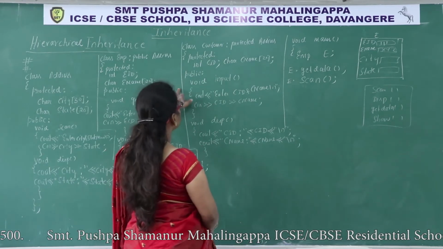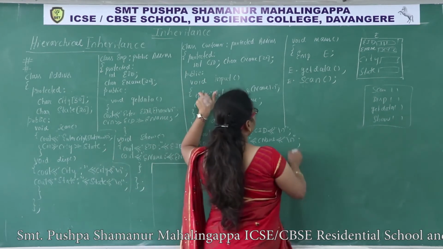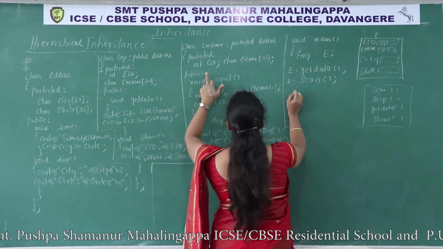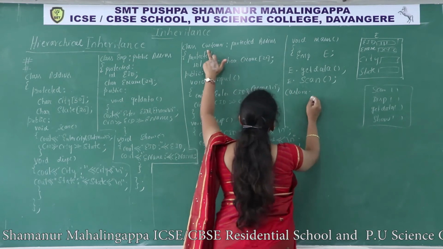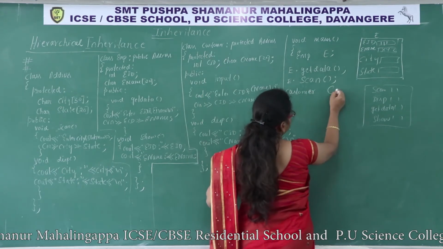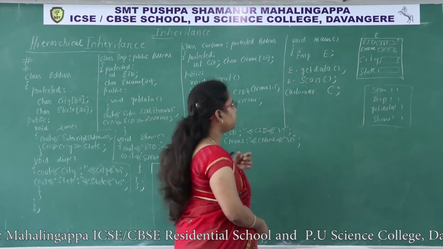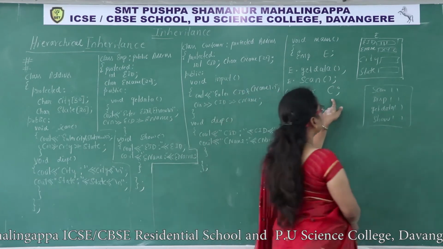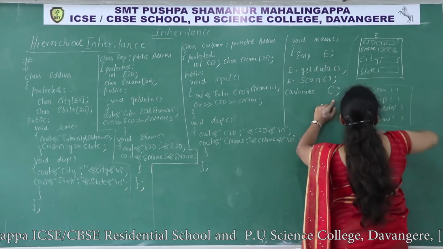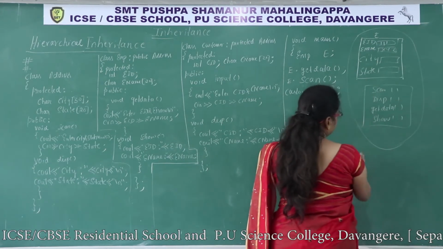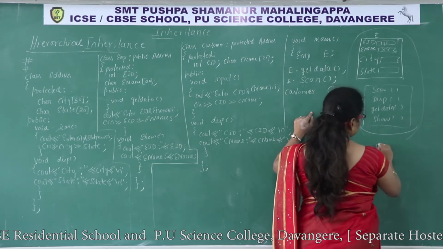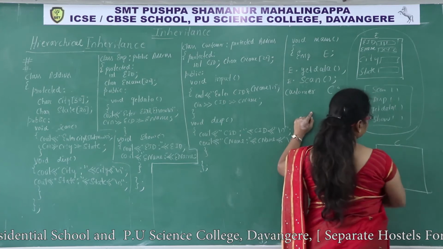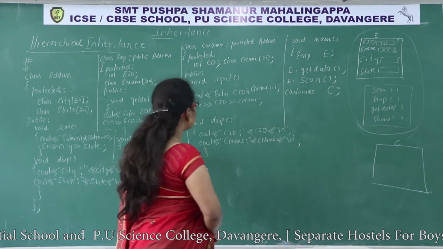Now I have to read customer details. I must create object for customer. So this is a customer class C. What happens when you create object C? There is a memory allocation. So this is for employee and I'll take another object C. What are the data members of C?